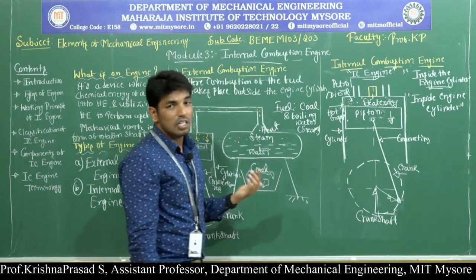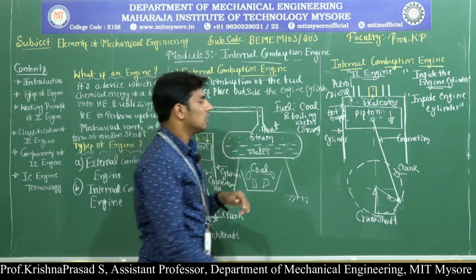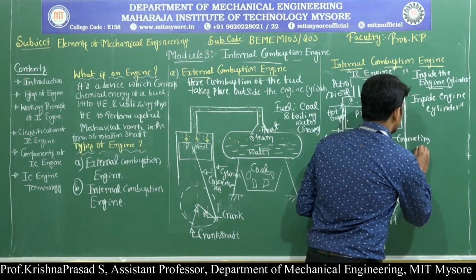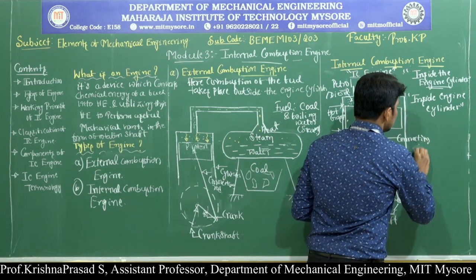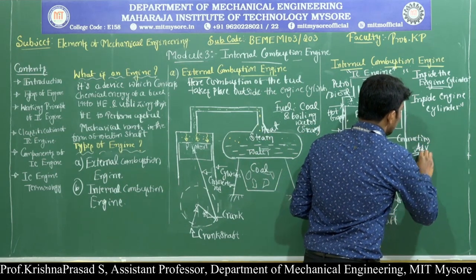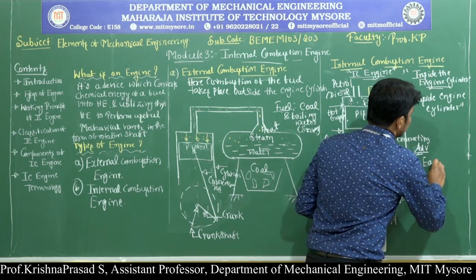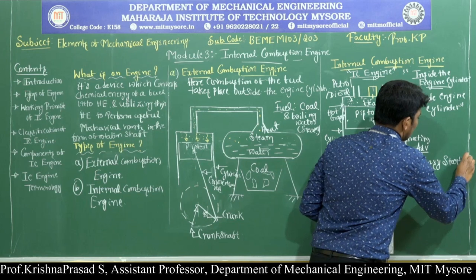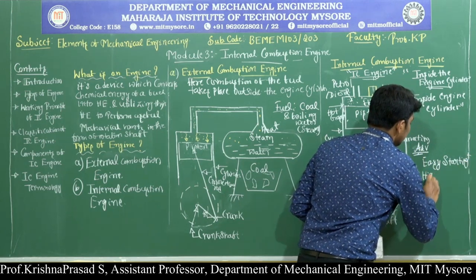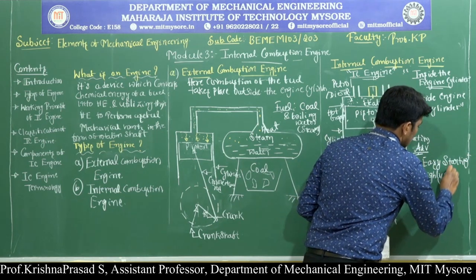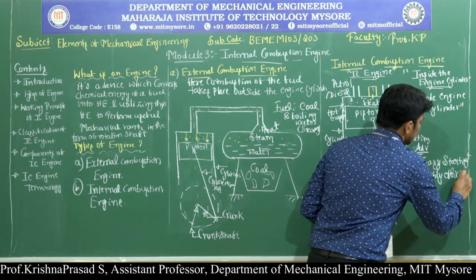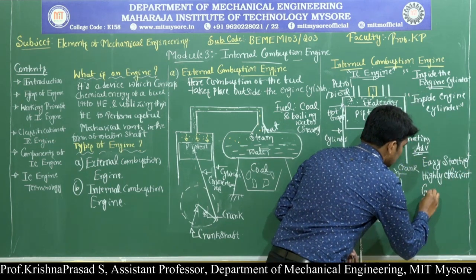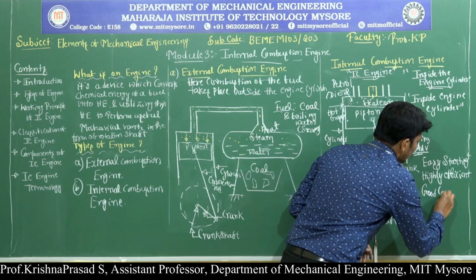Then what are the advantages of the internal combustion engine over the external combustion engine? First one, it is easy starting. Highly efficient compared to the external combustion engine. Then good compactness.